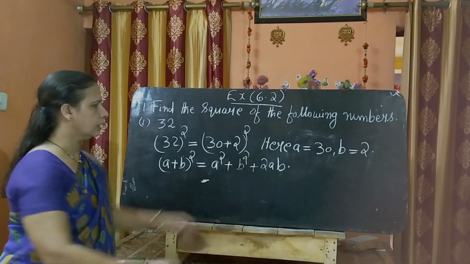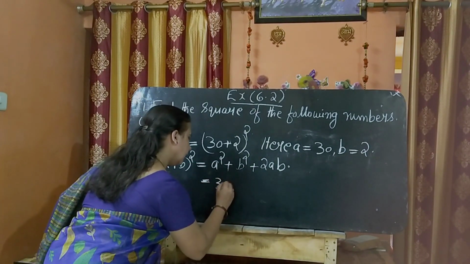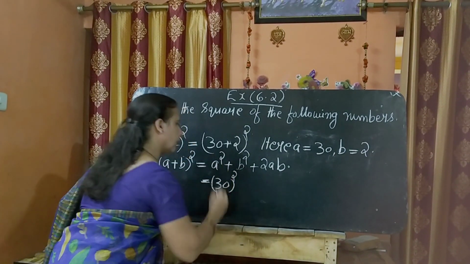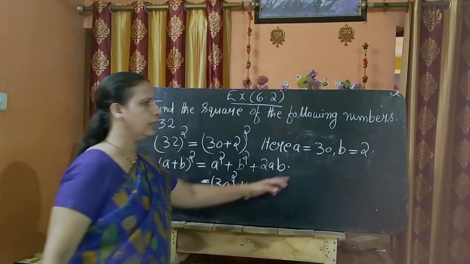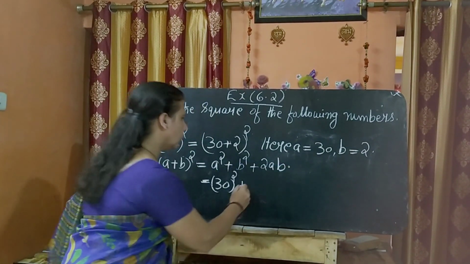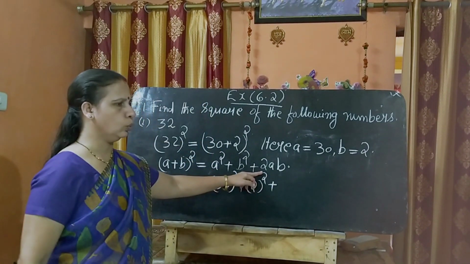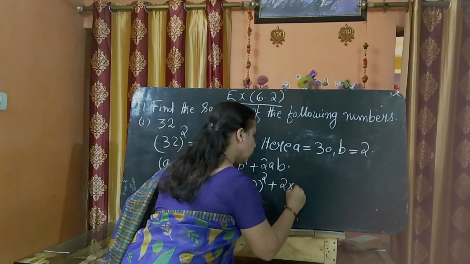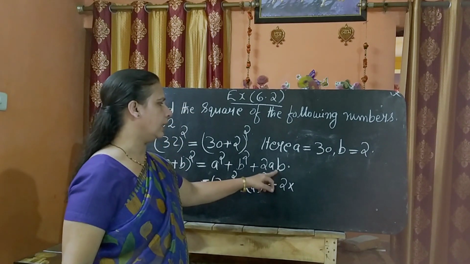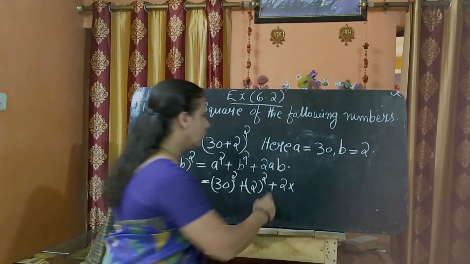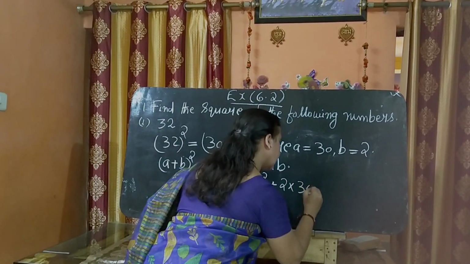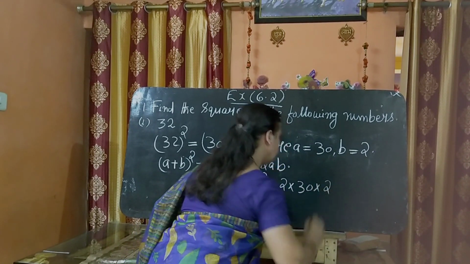A means here 30. 30 square, a square, plus what is b? B is 2. So b square, 2 square, plus 2 into, substitute the value of a and b. Ab means a into b. 2 into a 30, b 2.